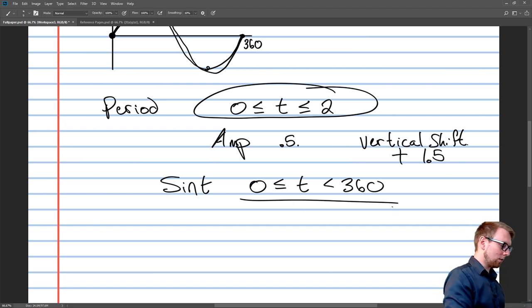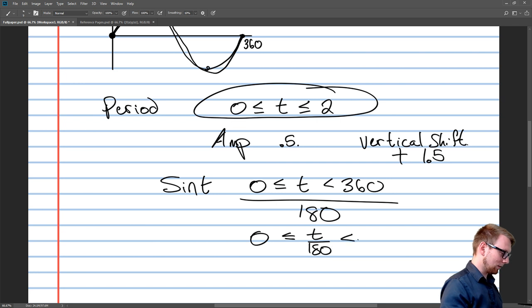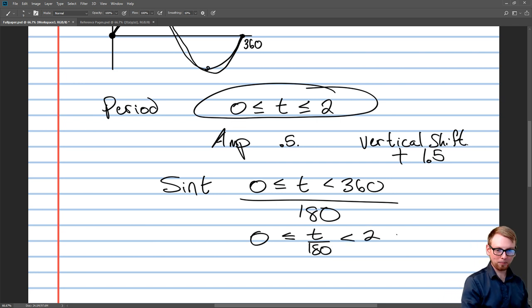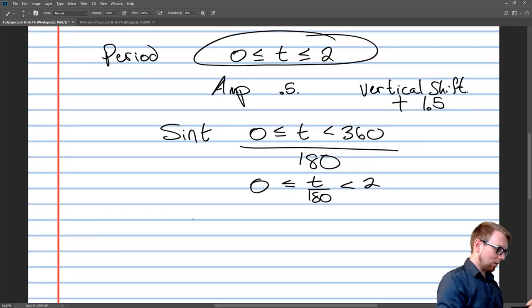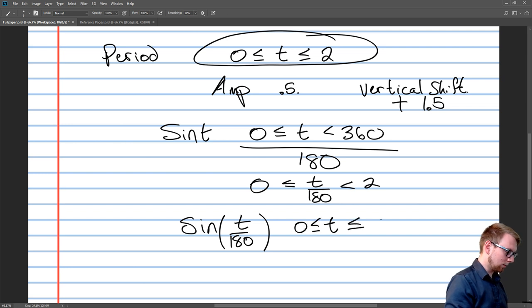So if you divide everything by 180, you still got t over 180 less than 2. Okay? So then that means our sine is now t over 180, and t is between 0 and... This doesn't work.